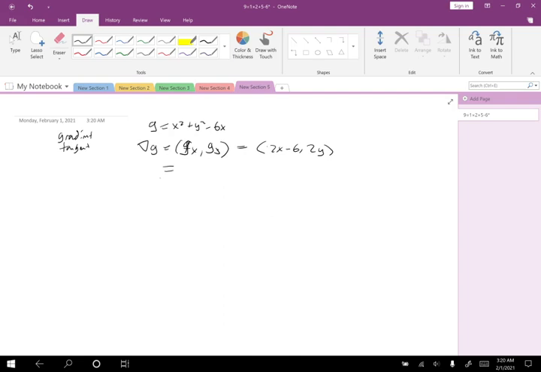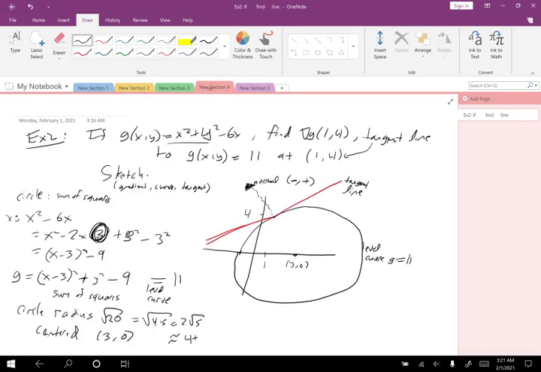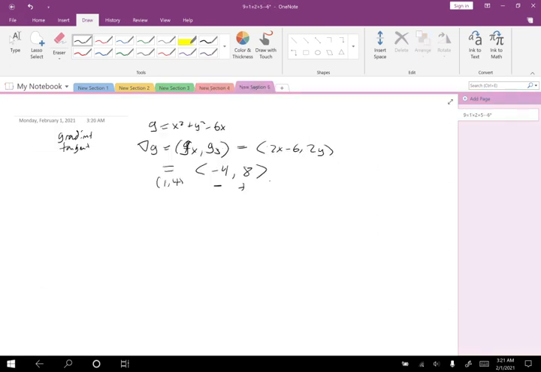Then at our point (1, 4), we get 2 minus 6, so negative 4, and then 2y, so 8. Okay, so that's our gradient. In particular, we have a negative and a positive, which agrees with our picture. That's what the gradient should be doing. Now what we want is the tangent line.